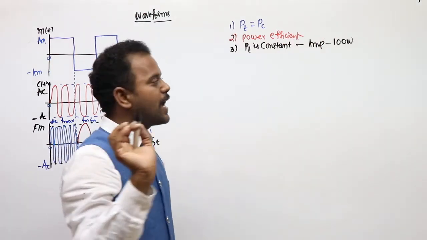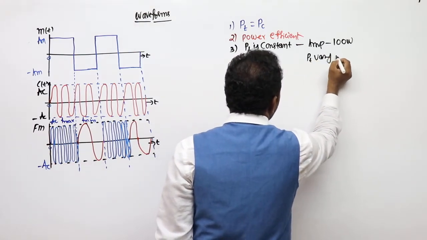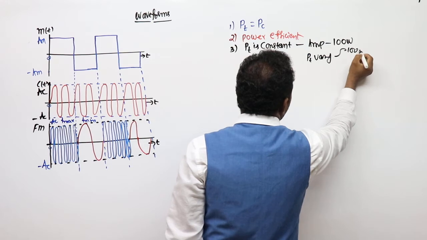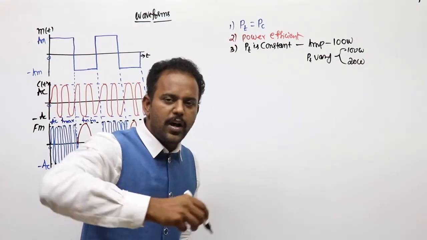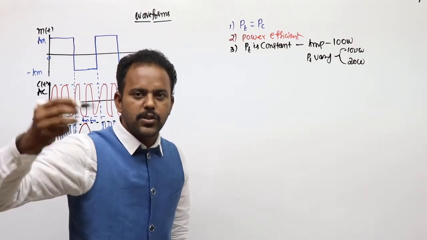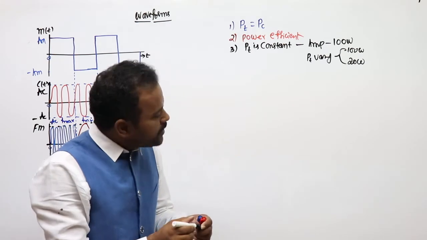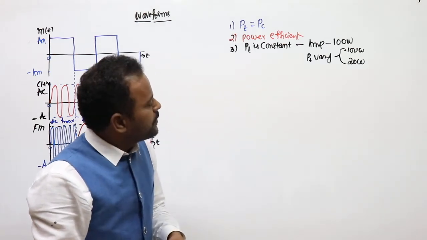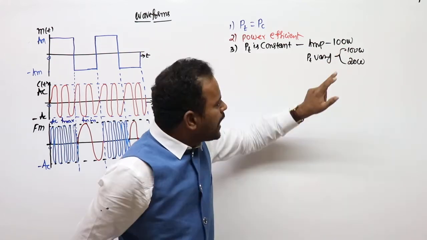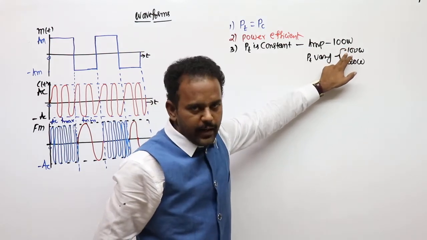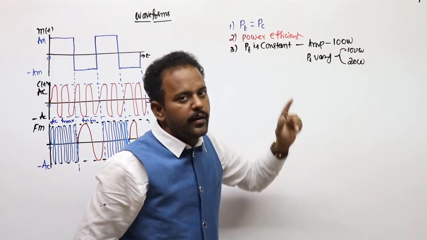But in AM, what is happening? PT is varying. If the peak value is 100, the minimum value will be somewhere around 20, so it varies from 20 to 100, because the amplitude of the AM signal varies from A max to A minimum. We need to design a system which has to work from 20 to 100, so it should be designed at 100, but all the time we are not using it at 100.